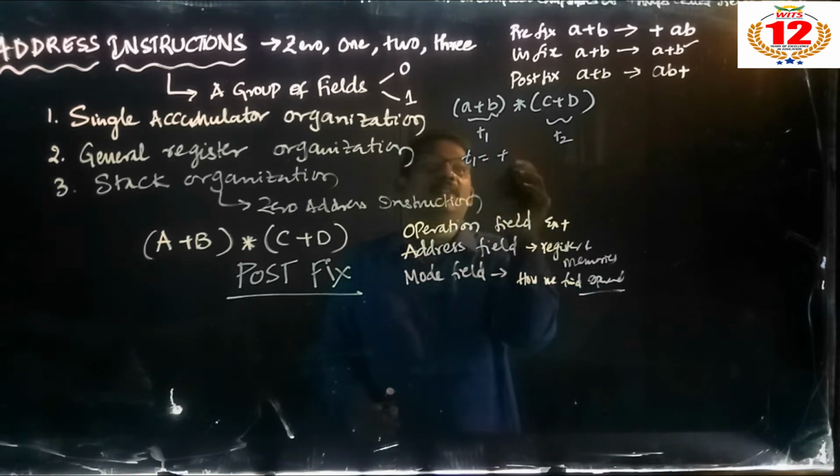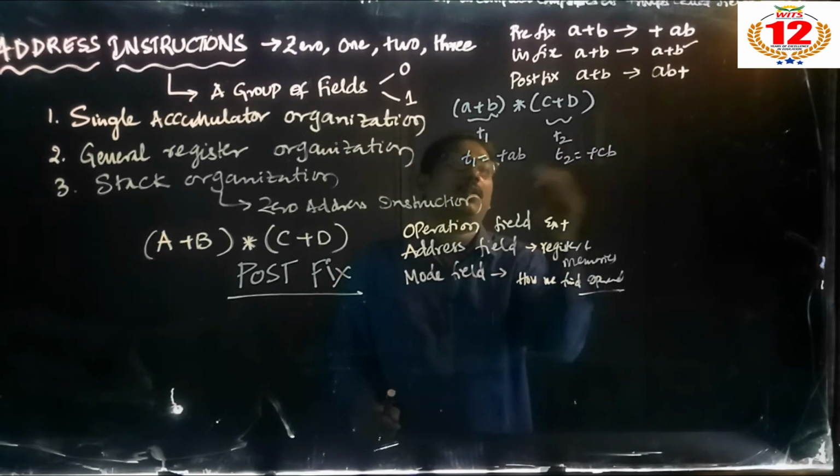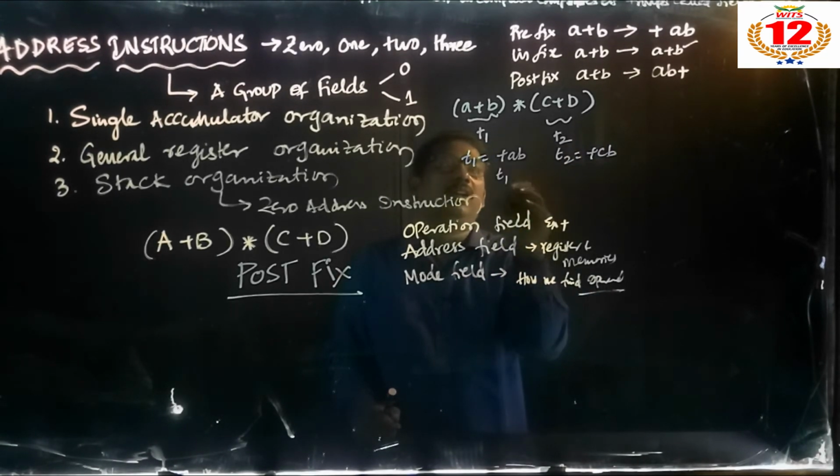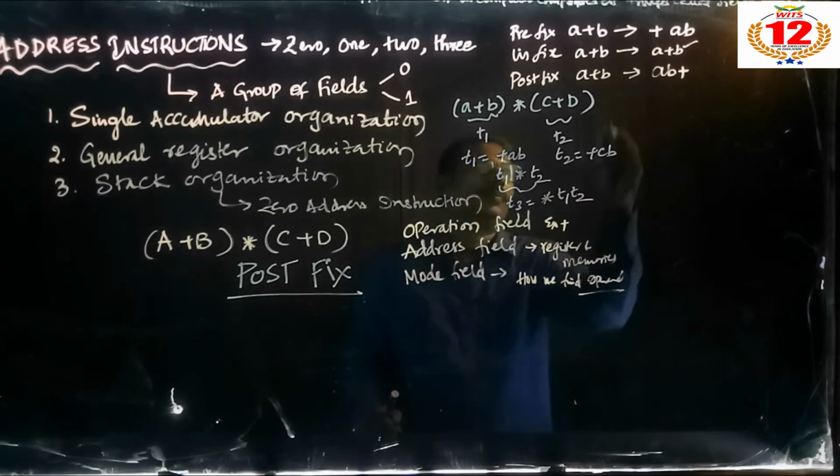T1 equals plus AB, T2 equals plus CD, then T3 equals asterisk T1 T2.